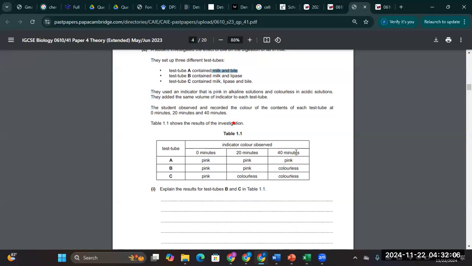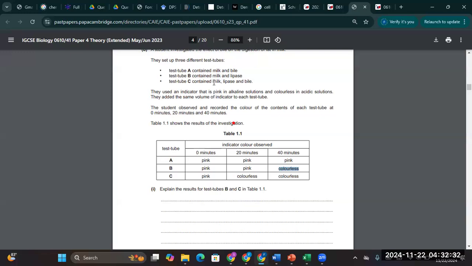Yes. Okay. Now, when you just had milk and lipase, if there was no bile present, if you just had milk and you had the enzyme, the lipase enzyme breaks down the fat. So if you just have the milk and just the enzyme, it takes almost 40 minutes for the solution to turn colorless. So it takes almost 40 minutes for the fat to be broken down.